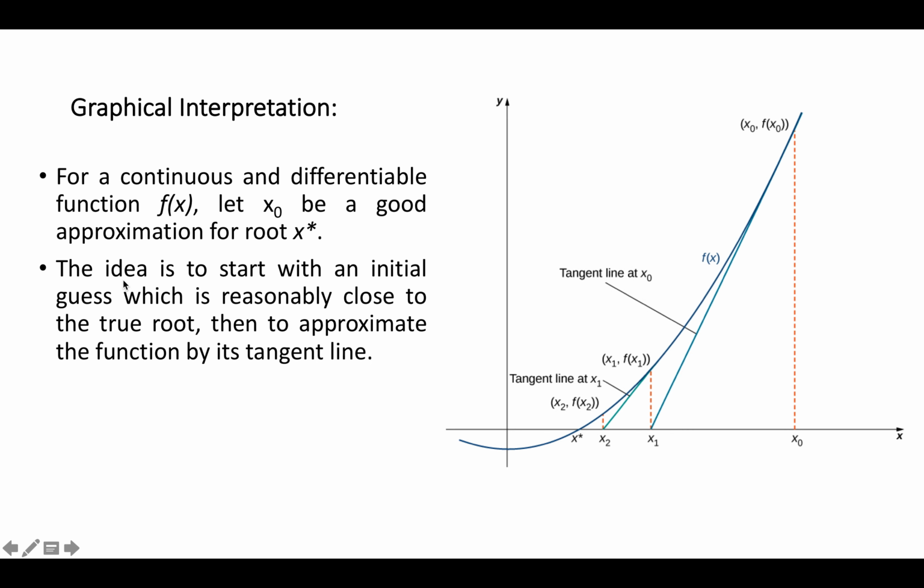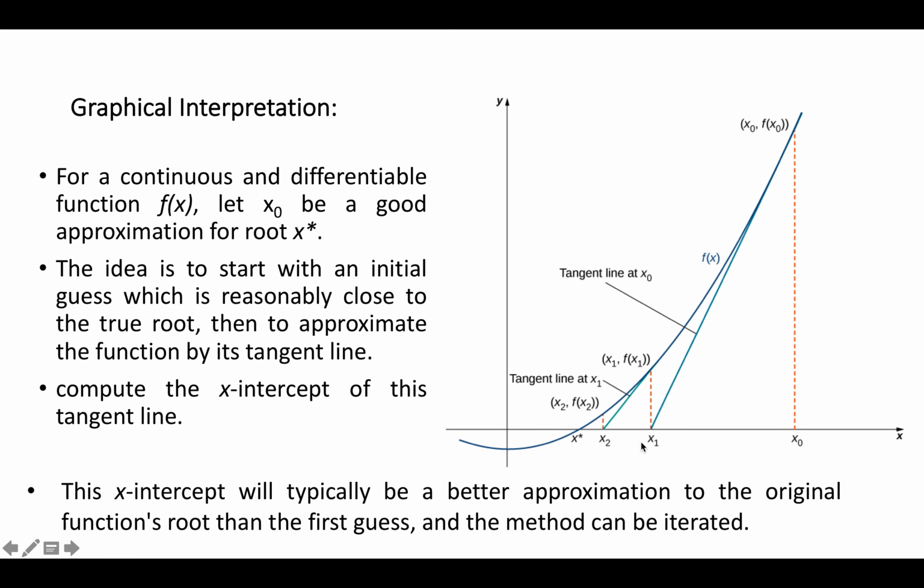So next, the idea is to start with an initial guess, which is reasonably close to the true root, then to approximate the function by its tangent line. At this initial approximation, we plot a tangent at the point x0, f(x0), and compute the x-intercept of this tangent line. X-intercept means wherever it is cutting the x-axis, which is x1 here.